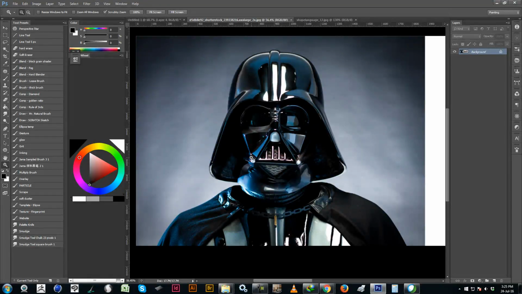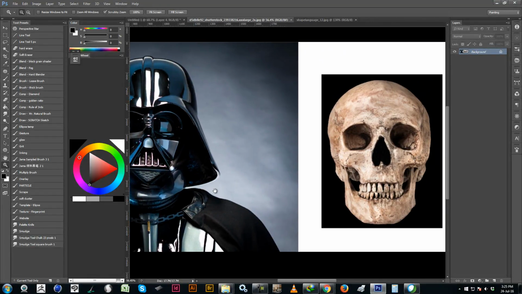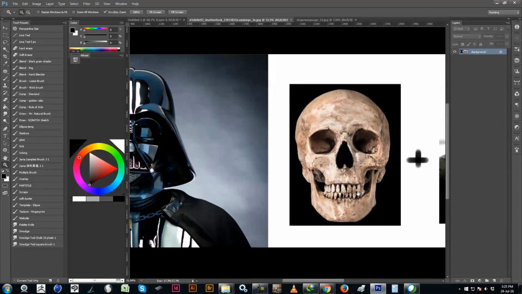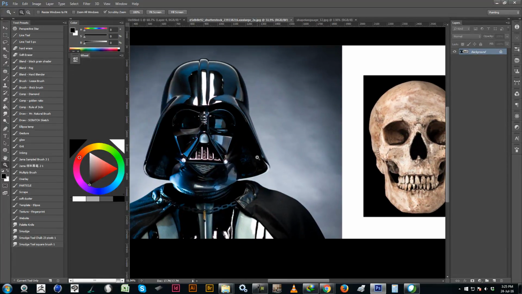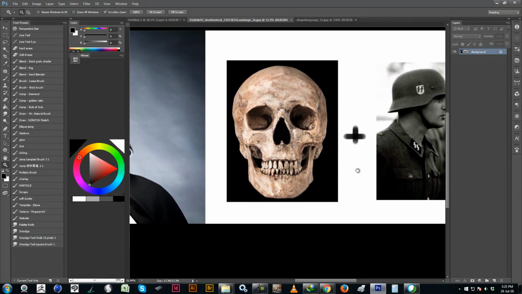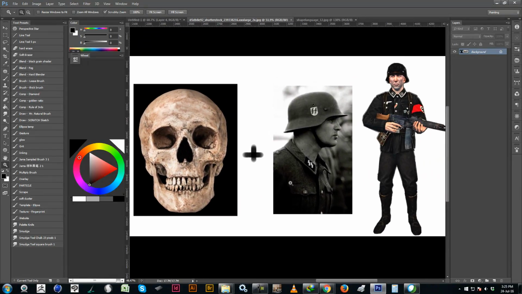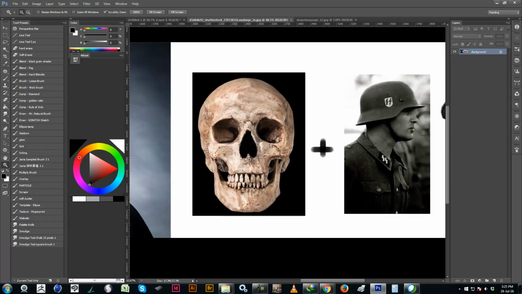Basically, you've got a skull, and Darth Vader represents the Empire. They're basically fascists, so you combine a skull with the imagery of the Nazis. Basically, the Empire is like space Nazis. So you combine the imagery of an SS soldier, a World War II German soldier, plus a skull.